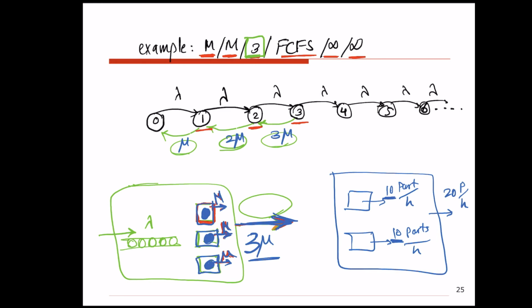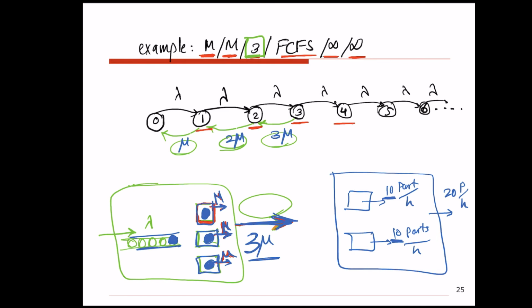Now let's see, how about if we have 4 customers in the system, or 4 entities in the system? If I have 4 entities in the system, obviously 3 of them will go immediately to servers 1, 2, 3, because those servers are empty. However, another entity is going to stay in the line because all these servers are full.